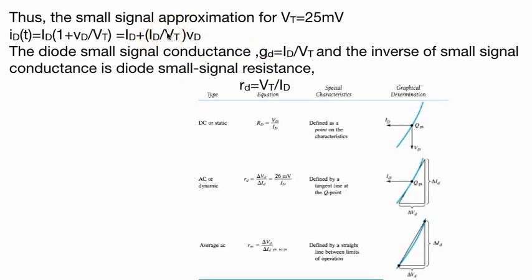And the inverse of the small signal conductance of the diode, the small signal resistance, will be the reverse of the conductance, which is VT over ID. Look at this small table. For DC, RD will be equal to VT over ID, defined as a point on the characteristics.